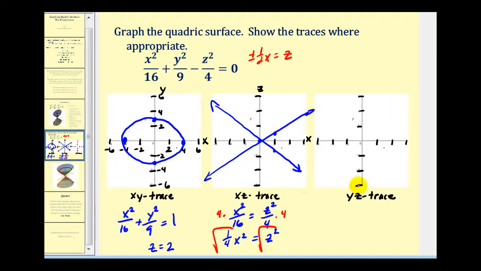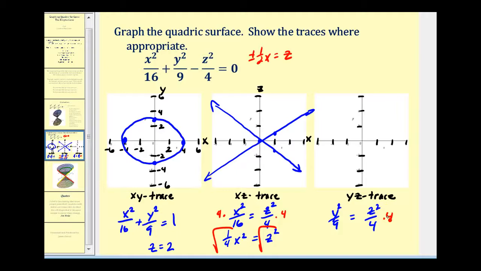Now let's take a look at the yz trace. It's going to be very similar to this. If we set x equal to 0, we're going to have y squared over 9 minus z squared over 4 equals 0. Again, we're going to go ahead and move the z squared term to the right side. So we'll have y squared over 9 equals z squared over 4.